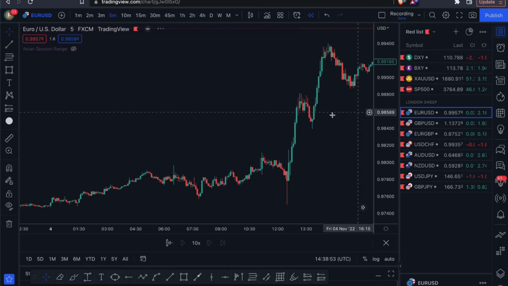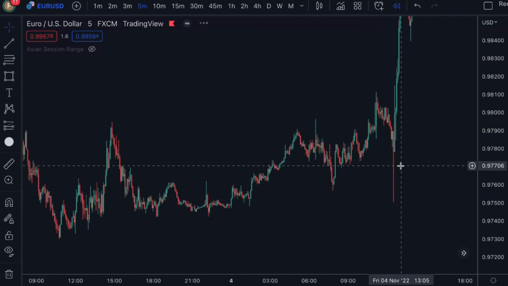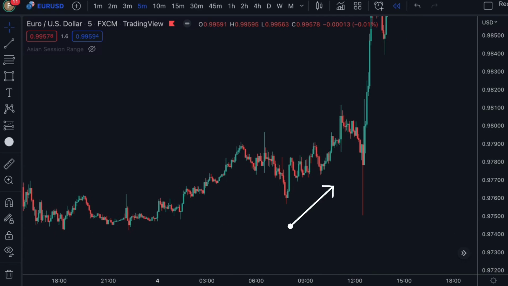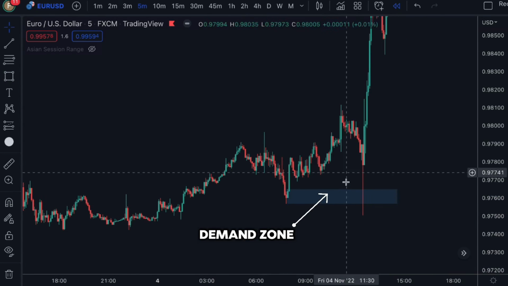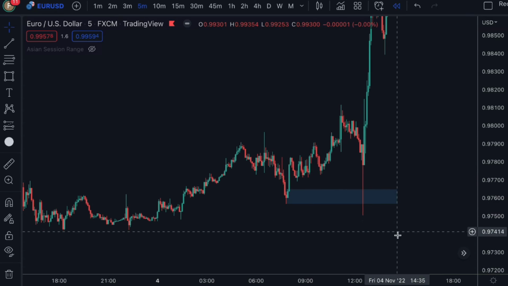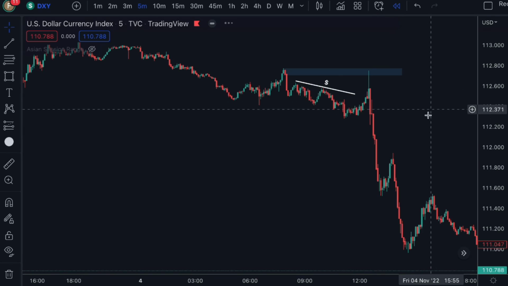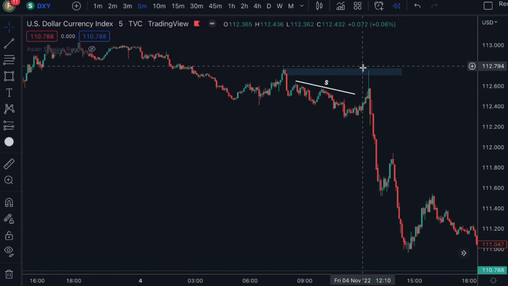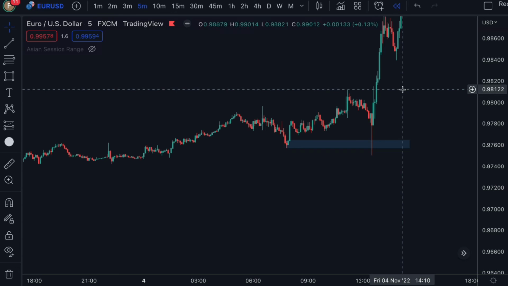Now let's have a look at Euro USD at the same point. So here we're clearly pushing to the upside, and we have this demand zone over here. But as we can see, there's a clear difference between the Euro USD move and the DXY move. The DXY move actually respects this supply area, whereas the Euro USD move doesn't.